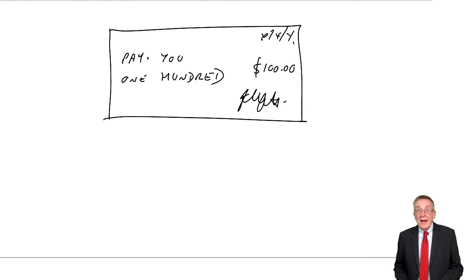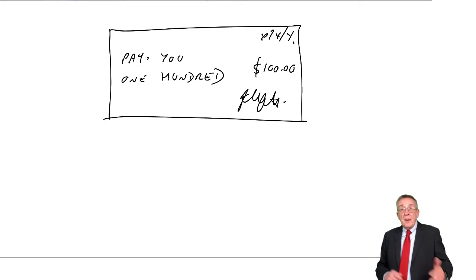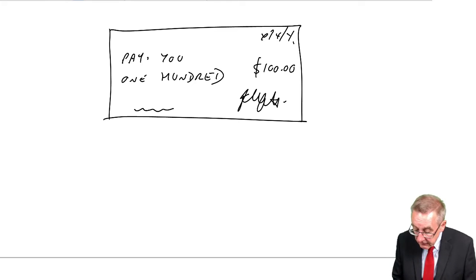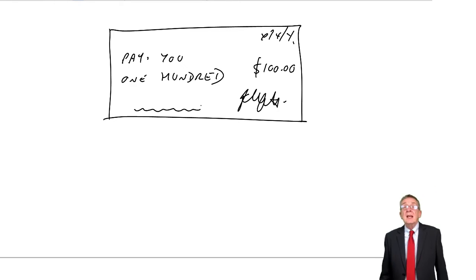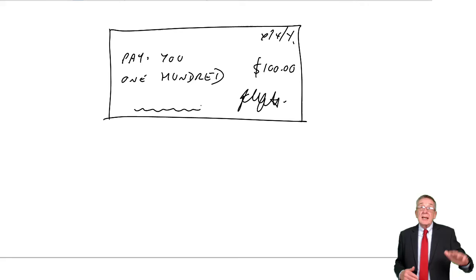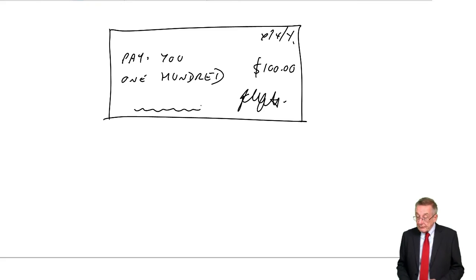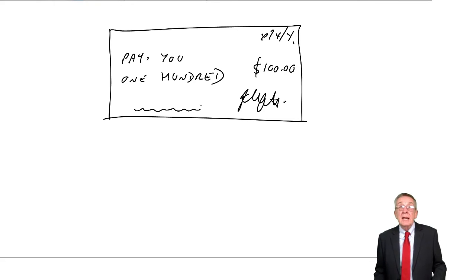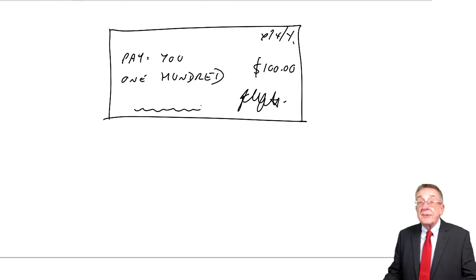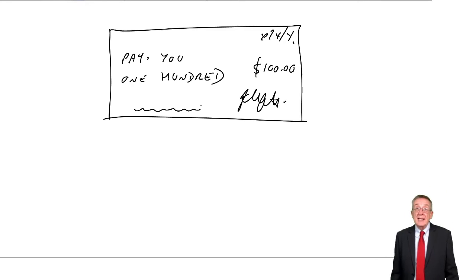You take it to your bank. Your bank contacts my bank. All my bank details are printed on the cheque. But your bank contacts my bank, and the money moves. Now, it does present us a problem in a minute, but essentially, if you give somebody a cheque, you are paying money.